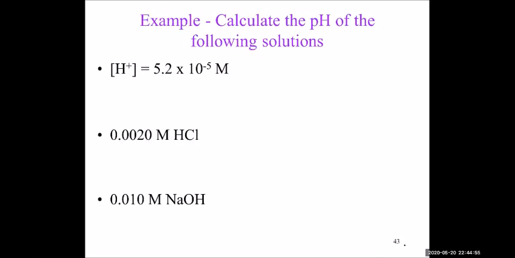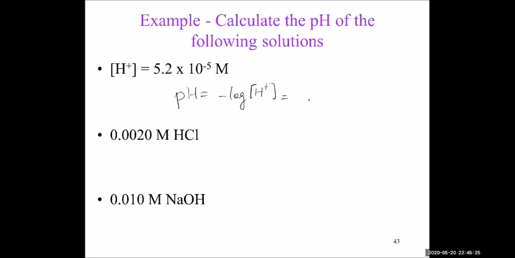Okay, let's see some problems on the pH of those solutions. Basically if the question gives you H+, you simply use the negative log of the H plus to find pH. So this question gives you H plus, and that will make it easy. It's negative log.